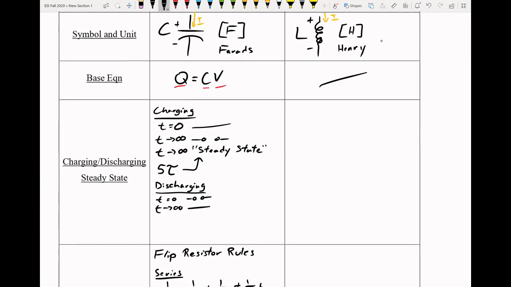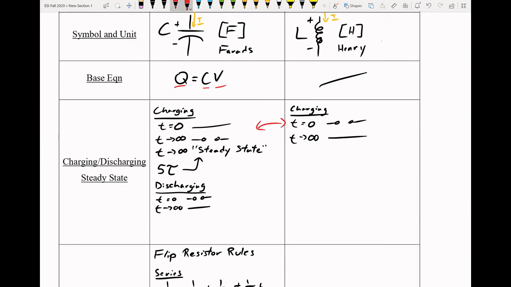If we jump down to the charging and discharging, so if we go to the charging, initially, if there's nothing going on with it, we're going to treat this like an open wire. But after a long time, as time goes to infinity, we'll treat it as a regular wire. And we'll notice that it's just the opposite of the capacitance.